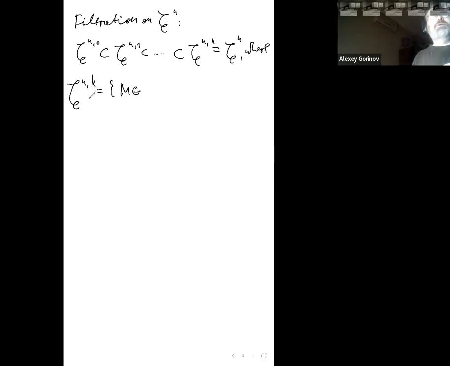We set C_{n,k} to be the set of all elements M of C_n such that M is in fact inside R^k cross [0,1]^{n-k}.